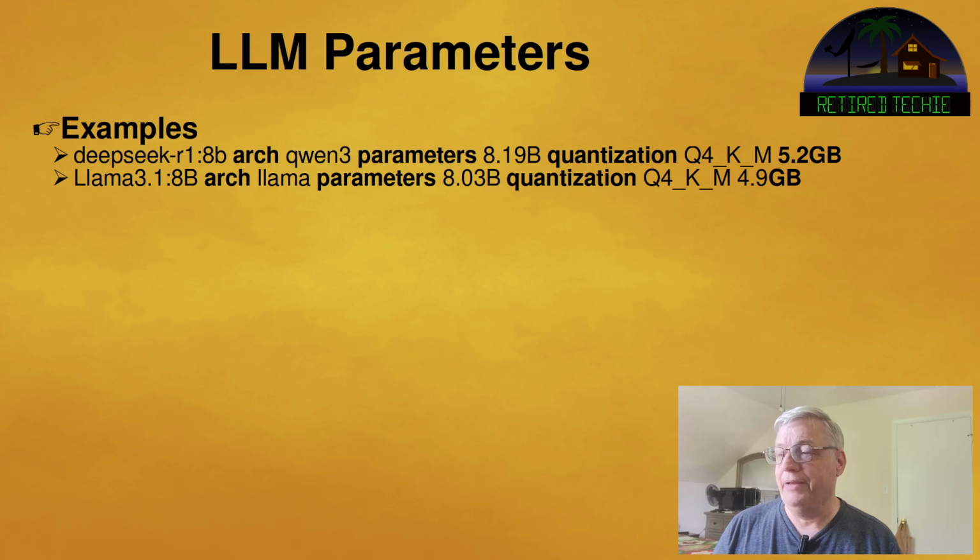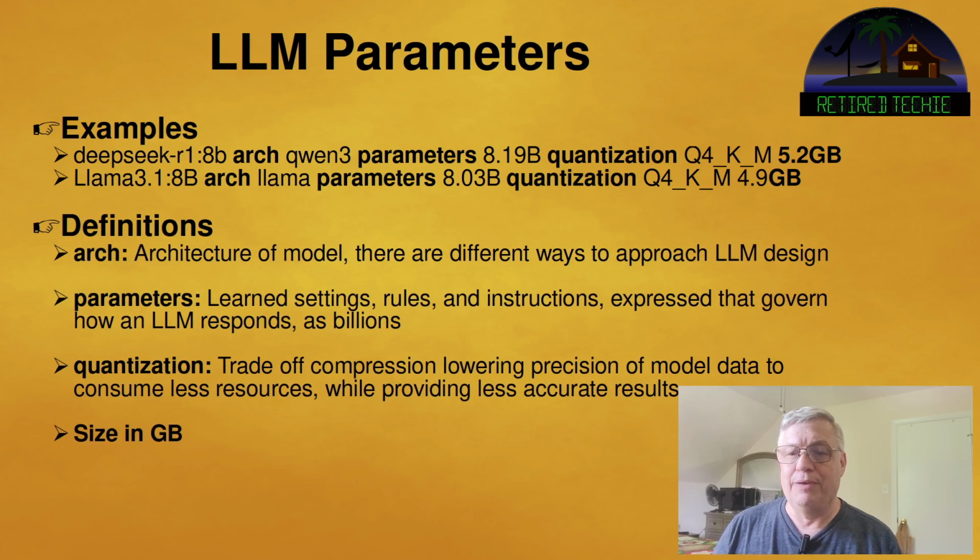When we look up an LLM on the Ollama website, there are a few parameters to consider. First one, when you look up an LLM, is going to be ARCH, which is short for architecture. This goes back to who built the model and who trained the model and for what purpose. For example, Qwen models come from China, Gemma models come from Google, and Llama comes from Meta, your Facebook parent company.